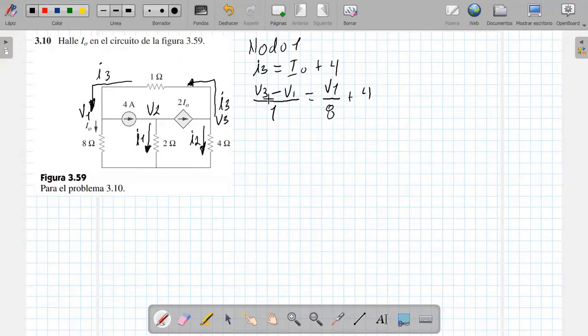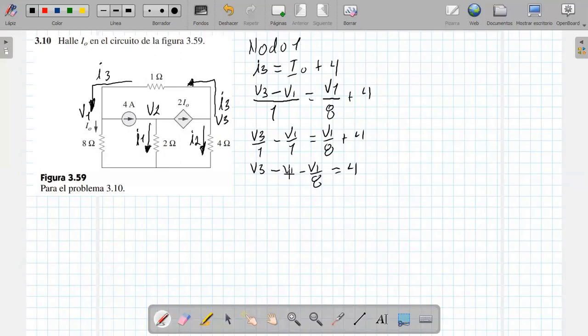Now I'm going to separate this division: V3 over 1 minus V1 over 1 is equal to V1 over 8 plus 4. I'm going to pass this to the other side: V3 over 1 minus V1 over 1 minus V1 over 8 is equal to 4.